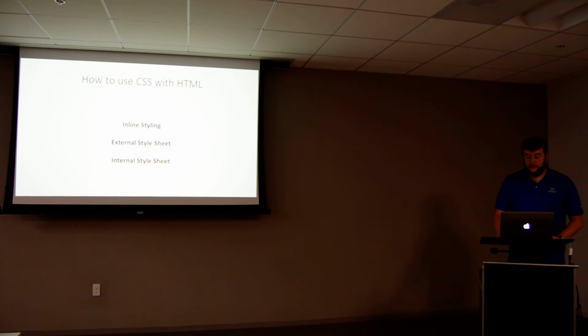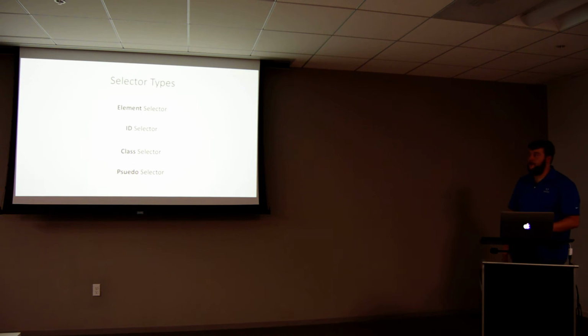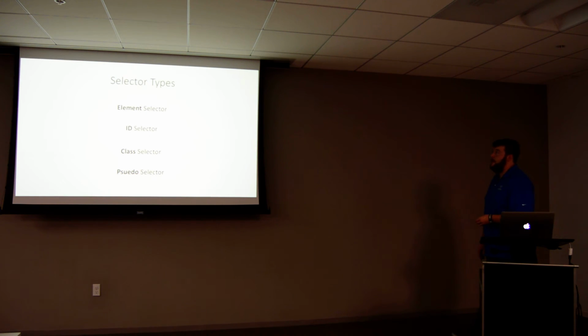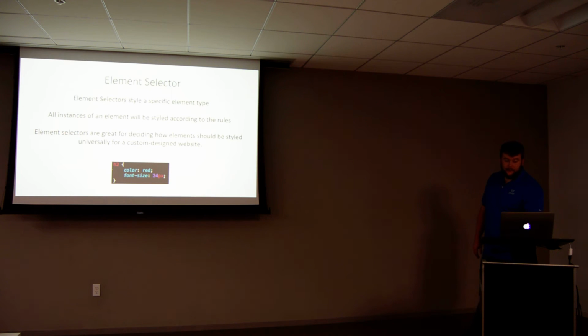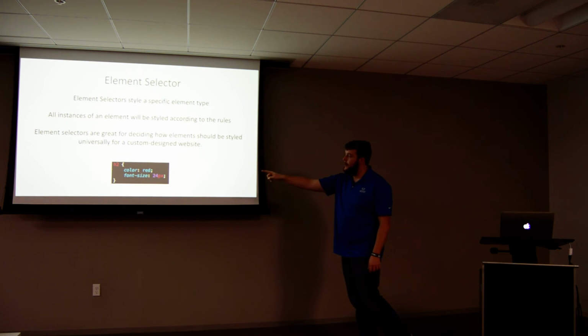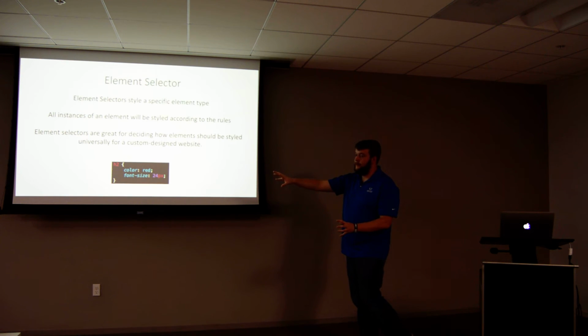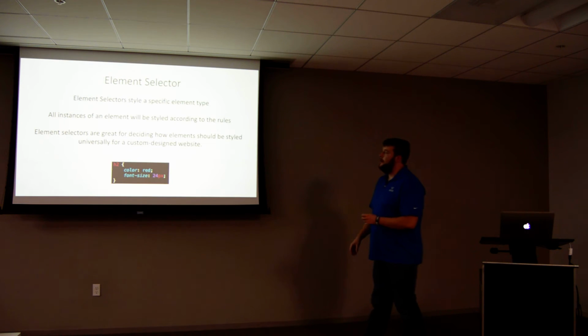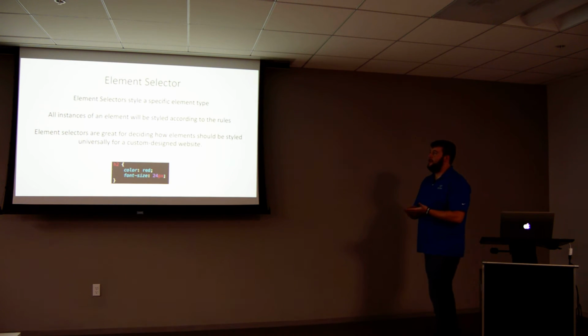The next thing I want to talk about is selector types. So the selector is the thing in red. When we say H2, that's the selector portion, and then we have the rule with a list of declarations. Element selectors style a specific element type.